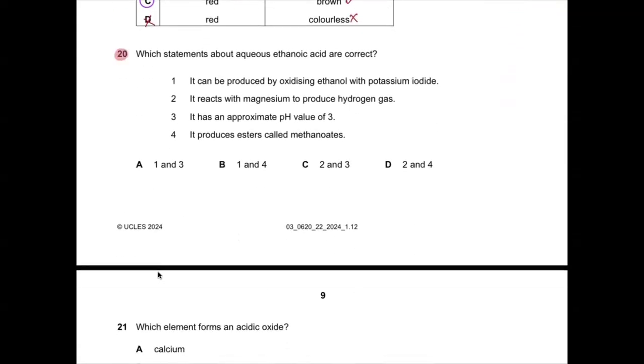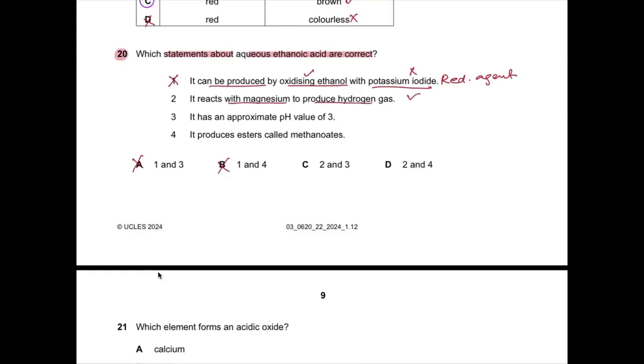Now, MCQ number 20. Which statements about aqueous ethanoic acid are correct? Okay. It can be produced by oxidizing ethanol with potassium iodide. Yes, it can be produced by oxidizing ethanol, but not with potassium iodide, because potassium iodide is a reducing agent, not an oxidizing agent. So statement 1 is wrong. Statement 1 wrong means A and B are wrong. It reacts with magnesium to produce hydrogen gas.